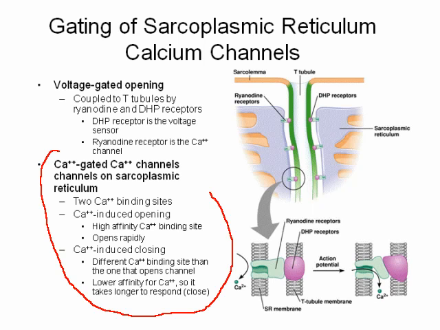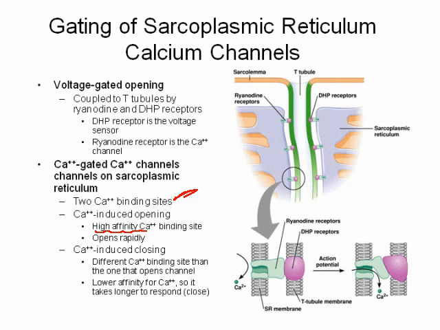Now what gets kind of messy about this is this calcium-gated calcium channel. We'll talk about that now. So these calcium channels also can bind calcium, and in fact they have two calcium binding sites. One of them is a high affinity calcium binding site, and then another one is a lower affinity calcium binding site. They are two distinct sites.